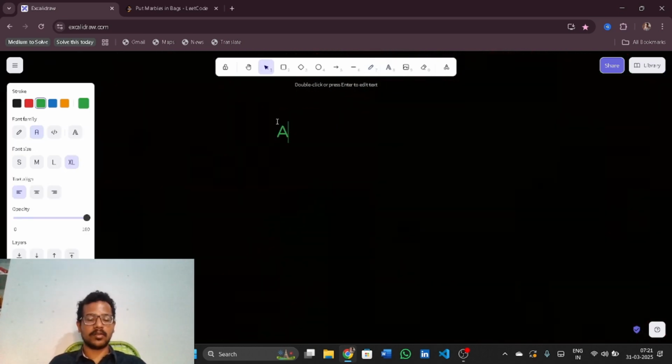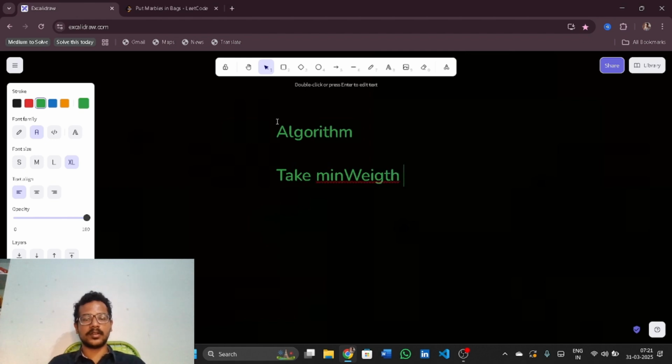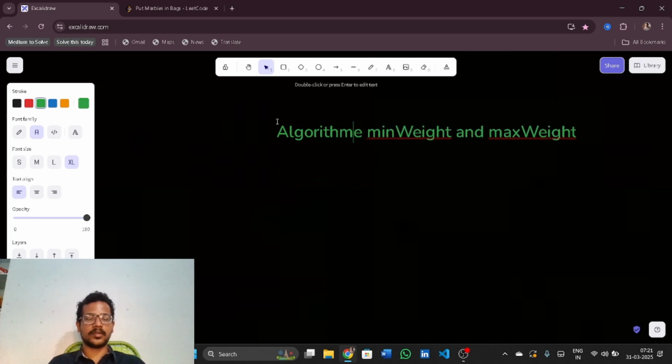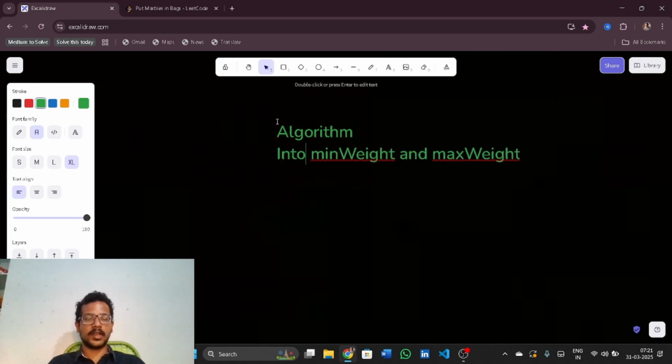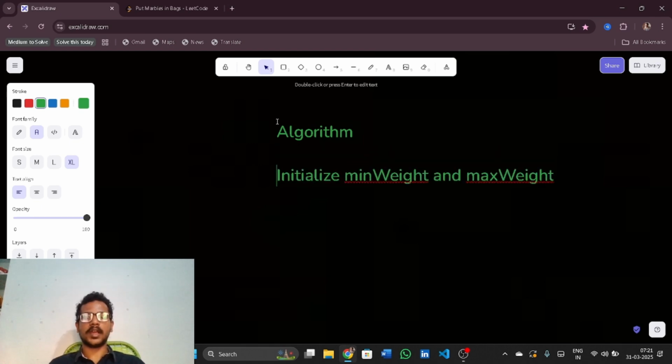And if I write the algorithm here, I think the intuition is clearer for you. Now the algorithm is: take min weight and max weight. That means we are going to initialize them. So we are just initializing min weight and max weight.